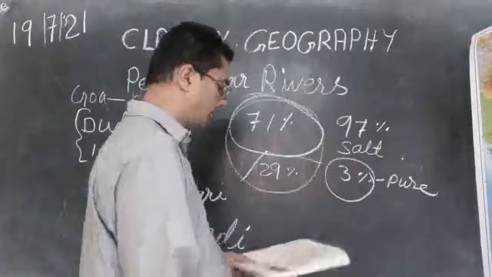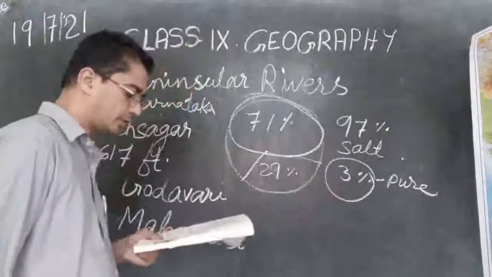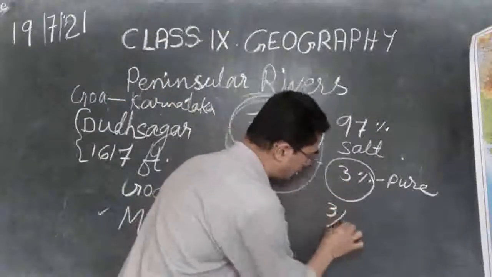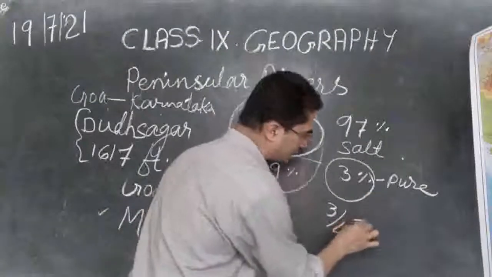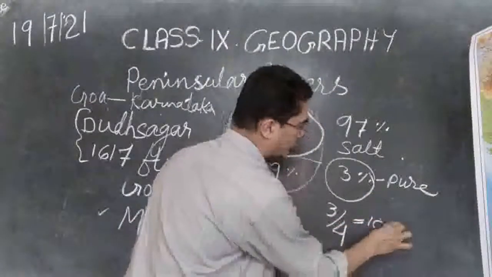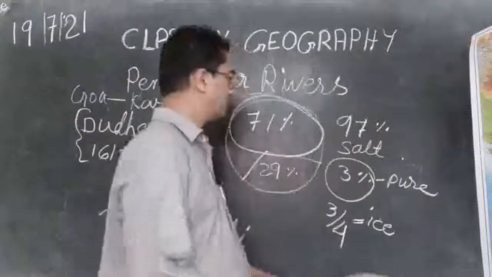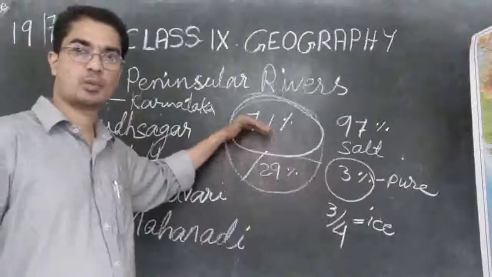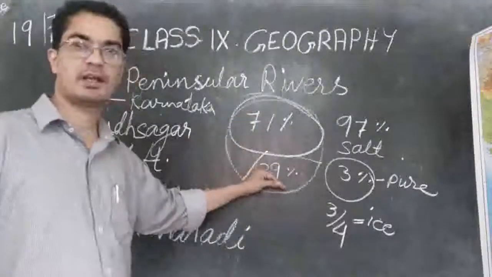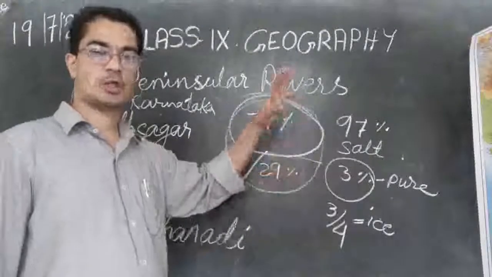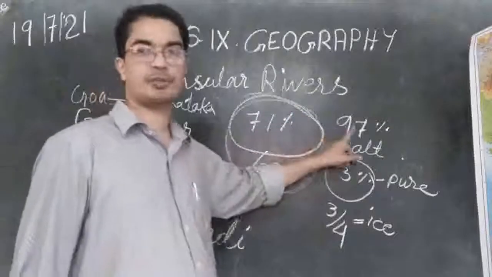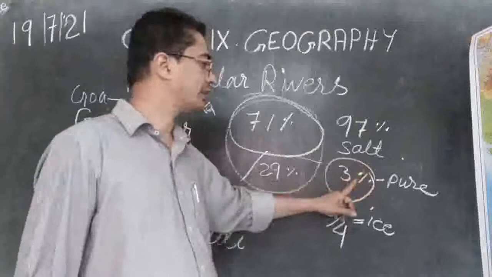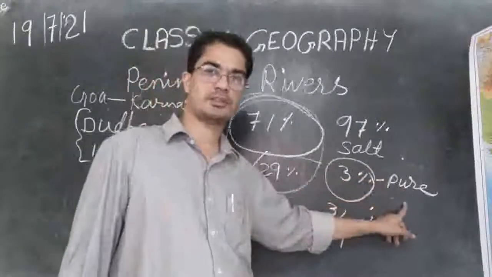So see, of the total earth, 71% is water, 29% is land. Then of the total water, 97% is salt water. Only 3% is fresh water.